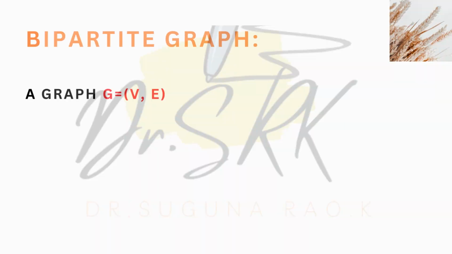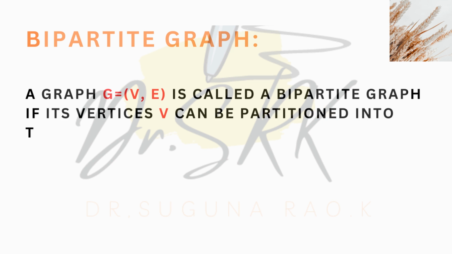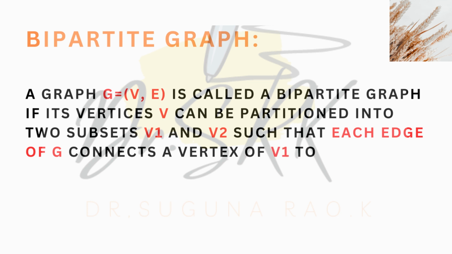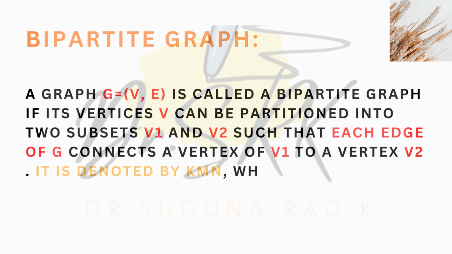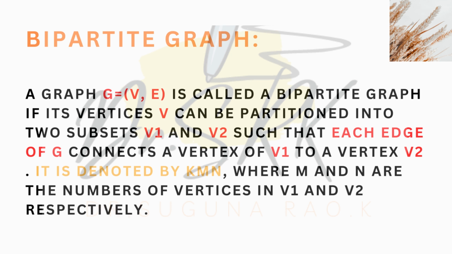Now, what is bipartite graph? A graph G is called bipartite graph if its vertex set V can be partitioned into two subsets V1 and V2 such that each edge of G connects a vertex of V1 to a vertex of V2.